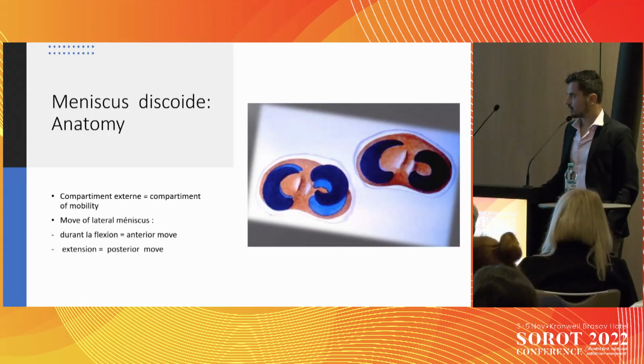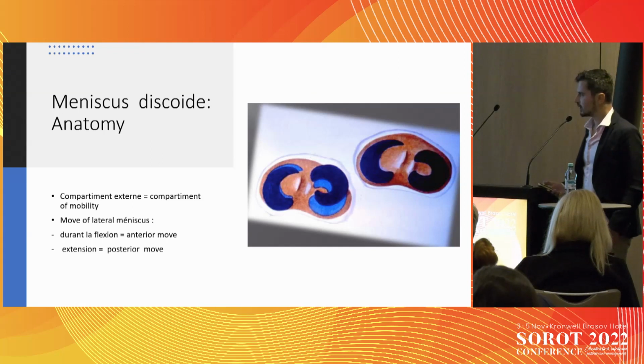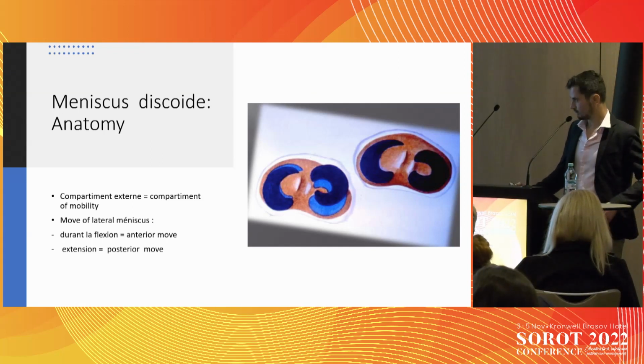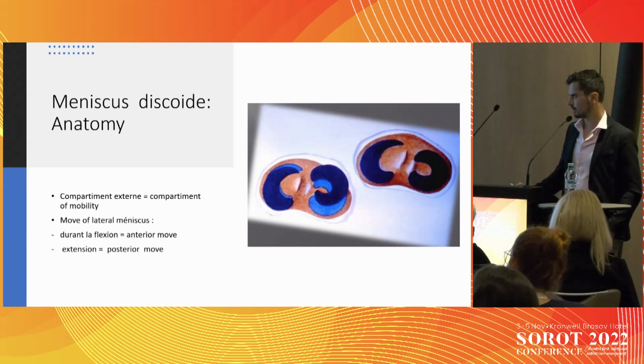So we speak about discoid meniscus anatomy. The discoid meniscus is a congenital deformity. The lateral compartment is the compartment of mobility, and during flexion you have an anterior move, and during extension you have a posterior move. It's important to understand this afterwards.